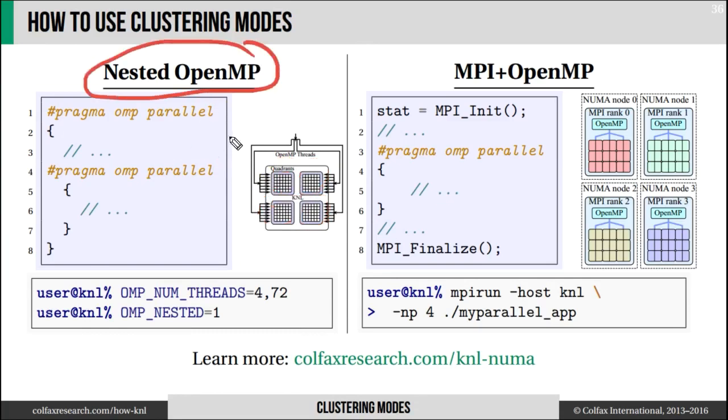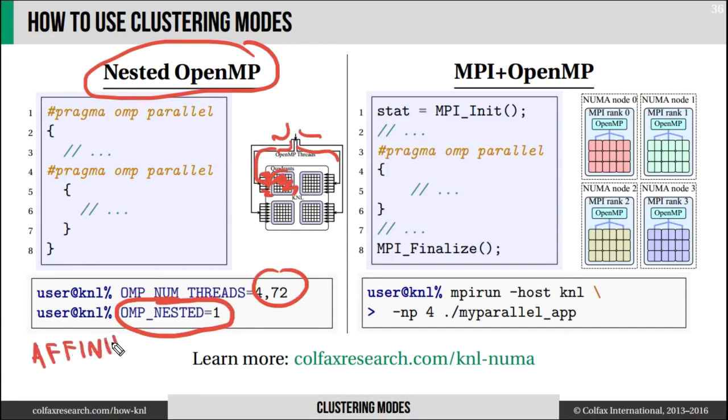OpenMP supports nested parallelism as long as you set OMP_NESTED=1. So you will run one process, 4 threads in it to scale across quadrants, and inside of every thread there is going to be a parallel region to scale across the cores within the quadrant. But you will need to worry about affinity. This is going to be very important. We discussed this in great detail in the How series.